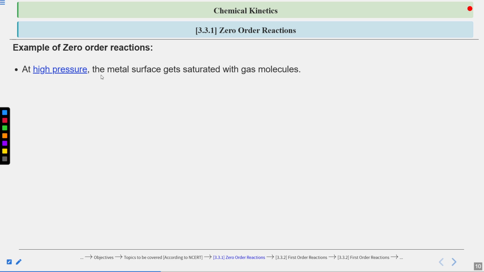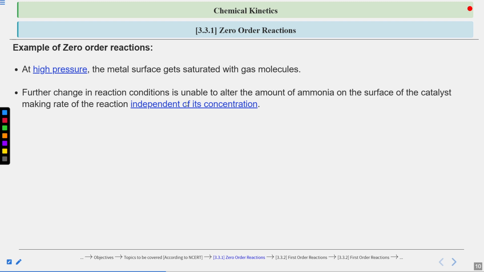So at high pressure, the metal surface at which the reaction happens gets saturated with the gas molecules, because at high pressure you are interacting the metal surface with the gaseous molecules.